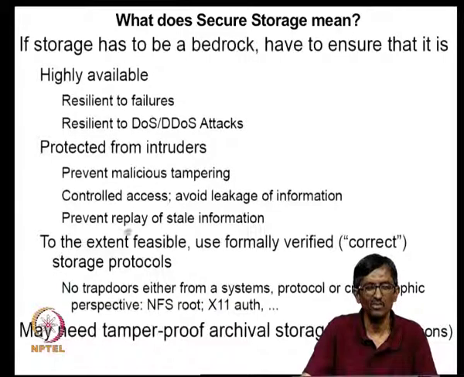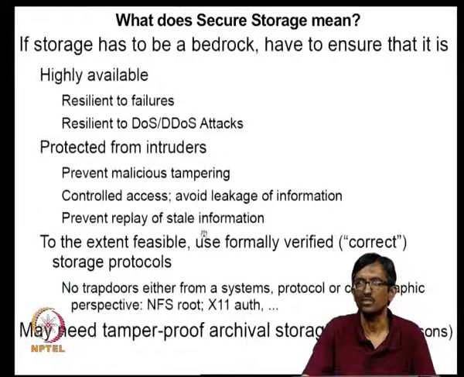Another thing is to prevent replay of stale information. Sometimes you are asking for some information and somebody maliciously gives you old information, so that you have wrong information and do the wrong things. This also can be quite dangerous. That means that if some data has changed, in spite of multiple copies anywhere, you have to ensure that the wrong information is not sent to you.